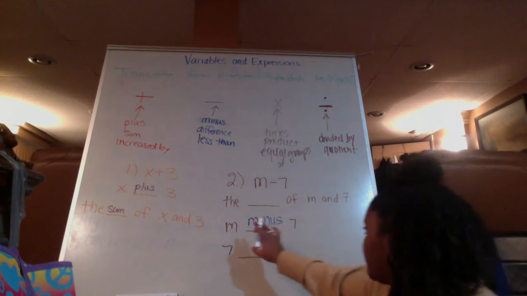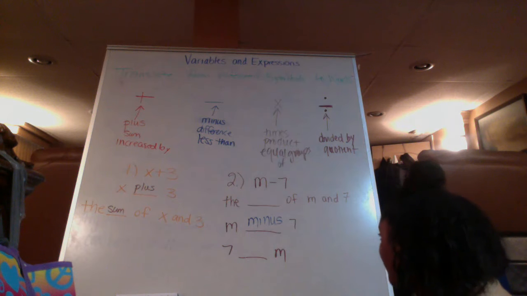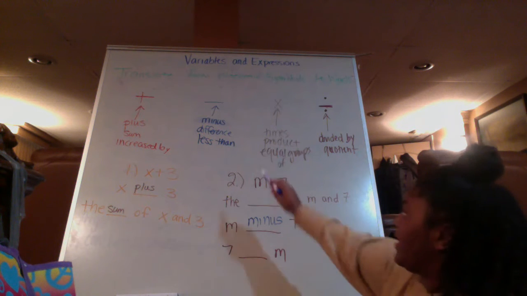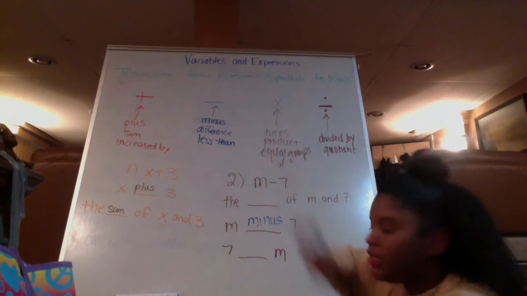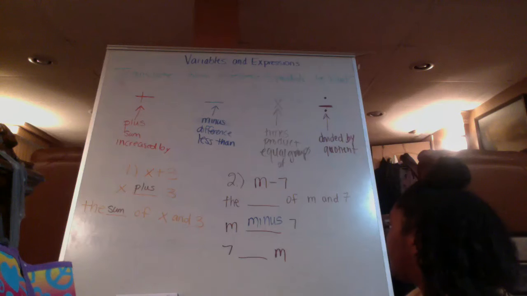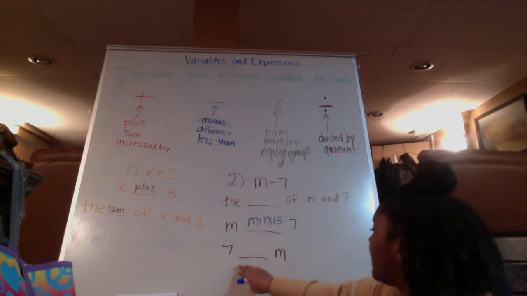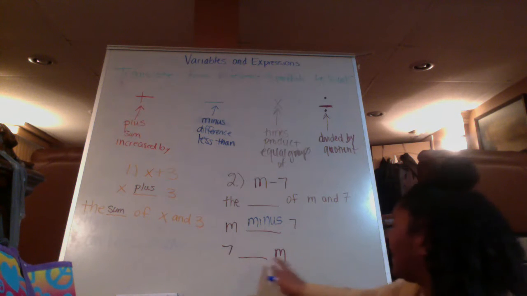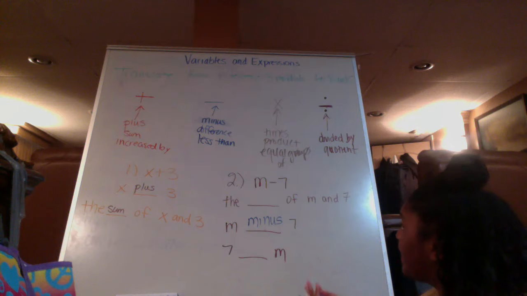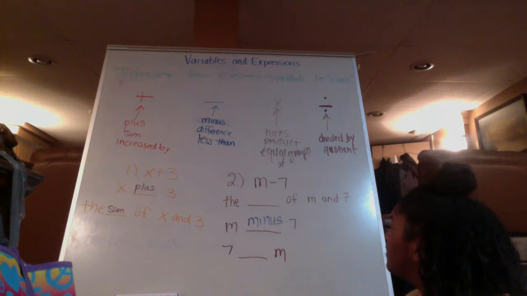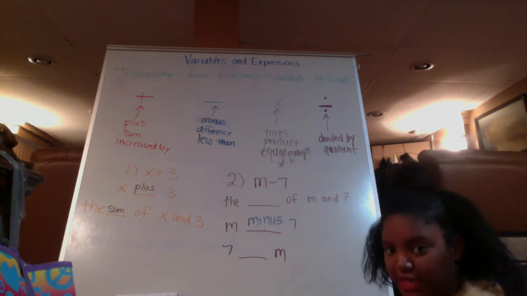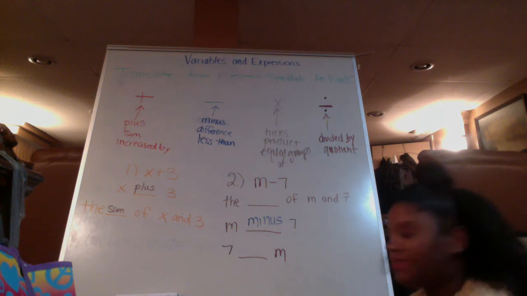Now, do you want to take a guess for these 2? So let's start with the first one. So it's the blank of m and 7. I'll give you a hint. It's definitely up there. So the blank of what? Of m and 7. We also have 7 blank m. So we already used minus. So there's only 2 more we can use. So take a guess of what this one is.